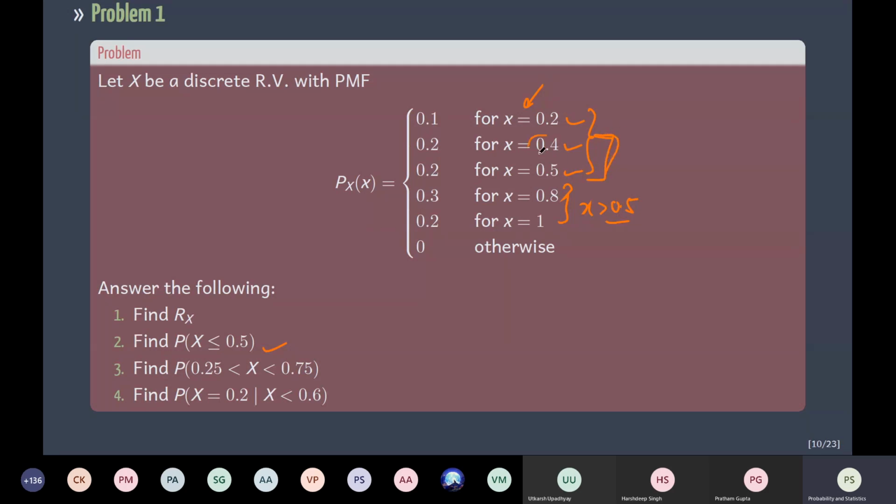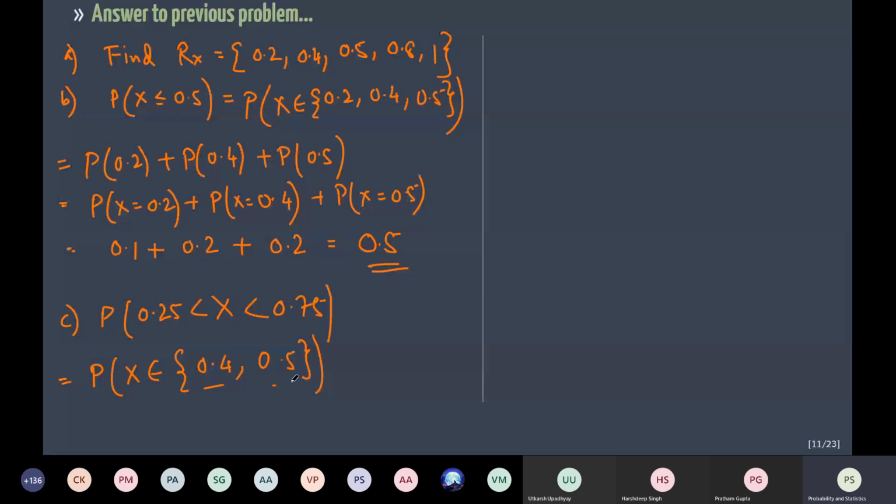So the possible x that we have to consider now are 0.4 and 0.5. This equals the probability that x is 0.4 plus the probability that x is 0.5. So it is 0.2 plus 0.2, which is equal to 0.4.